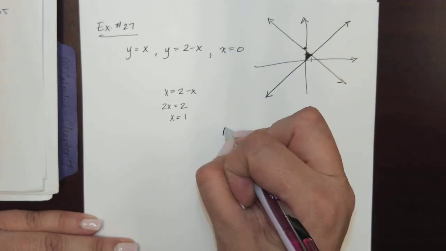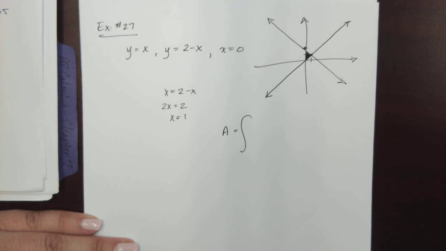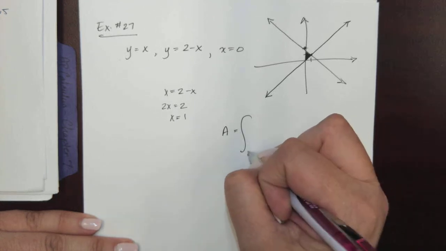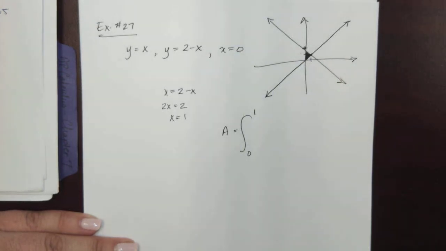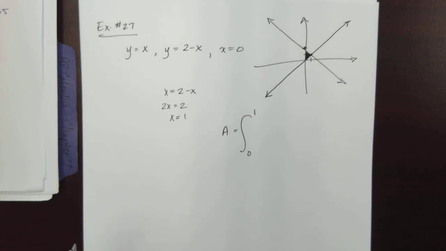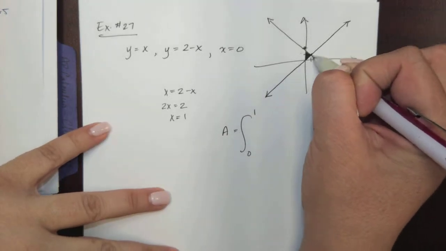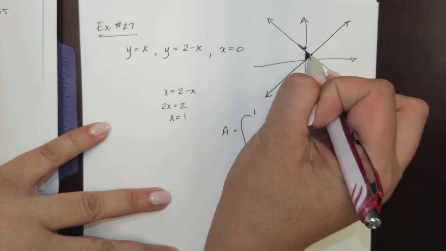So area is equal to the integral. What are my bounds now going to be? 0 and 1. And I know it's 0 because I have this vertical line, x equals 0. Which one is the bigger function? The higher function, the one on top. This one is my upper function.